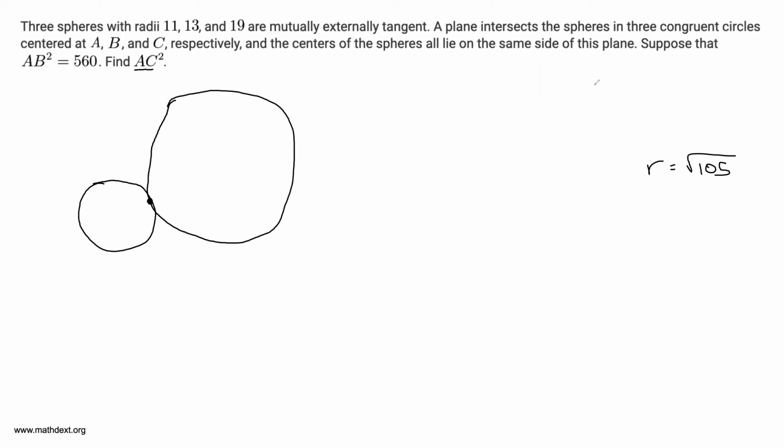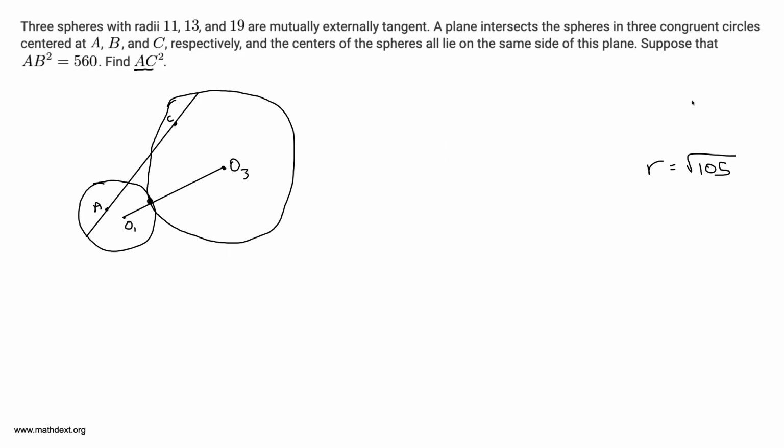And what we're going to do is draw this where the plane would intersect it, and we're going to take the cross section that goes right through the middle of these two, so that this is the center of the circle and this is the center of the other circle, C. And now we're going to do essentially the same thing. We're going to call this center O1. This center over here is going to be O3. And we're going to draw O1, O3.